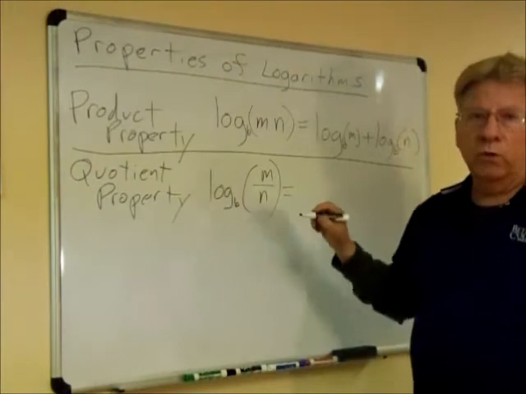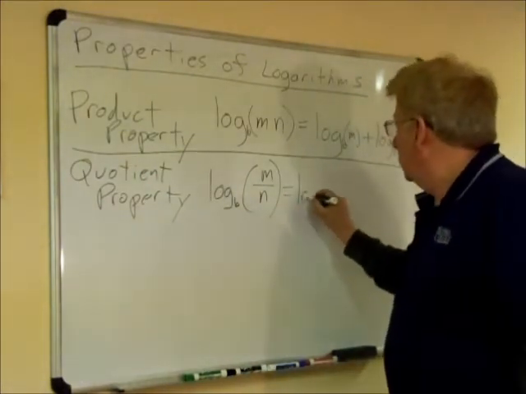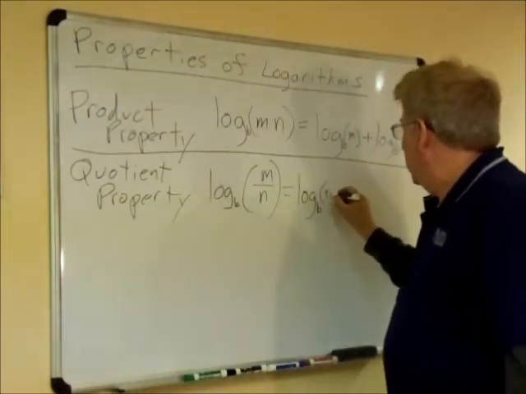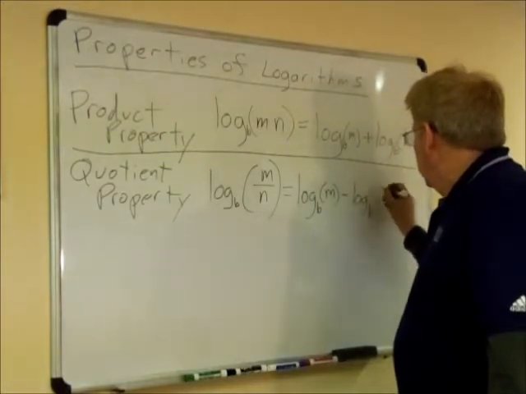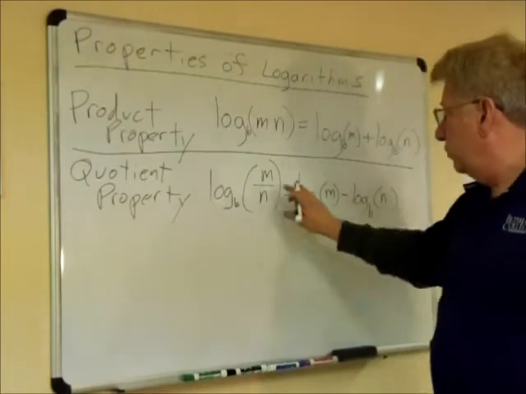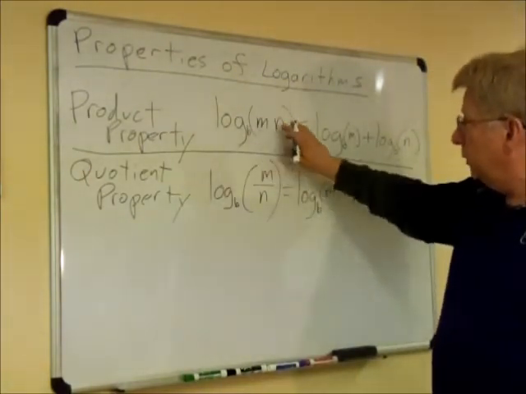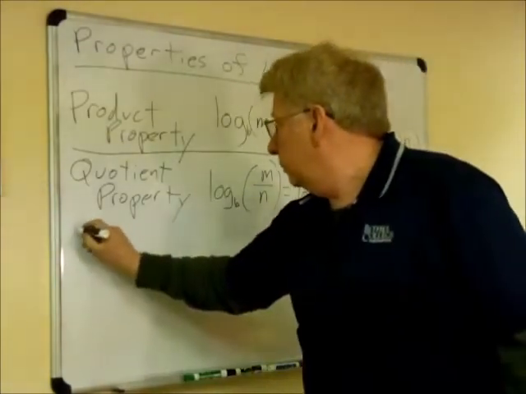And for that we would have the log of m minus the log of n. Log base b, whatever the base was, of m minus the log base b of n. So the quotient property, we subtract the log of m minus the log of n. Product property, we added log of m plus log of n.